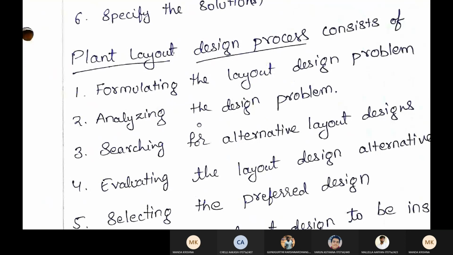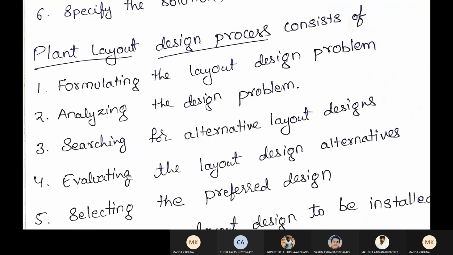Next, what does the plant layout design process consist of? First one is formulate the layout design. What is the problem? We have to identify that and then analyze the design problem. Next is searching for the alternative layout designs. Next is evaluating the layout design alternatives.